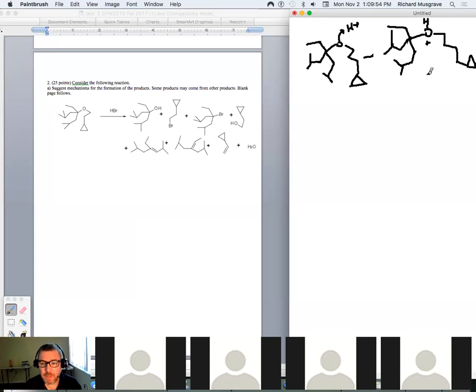Now, the Br minus, this is primary, so it's going to be SN2. This arrow is pointing towards the C that I'm circling there. Obviously, I did circle. Now it's a little bit hard to see that.